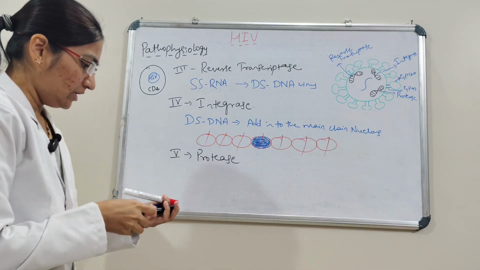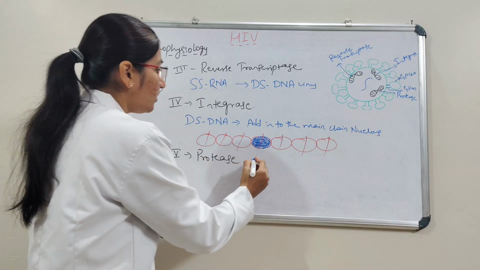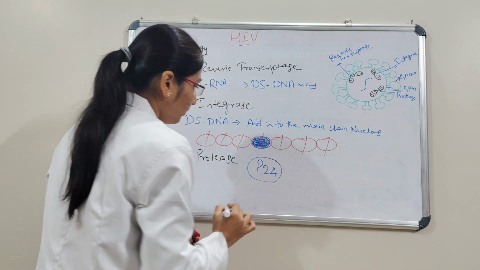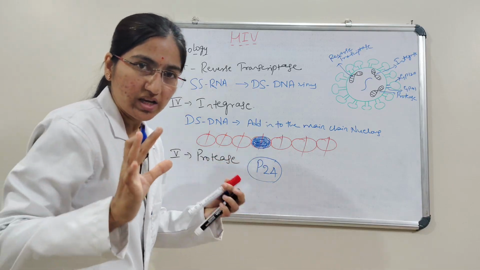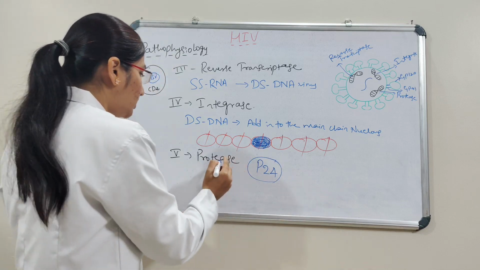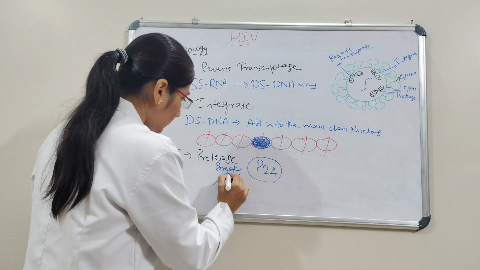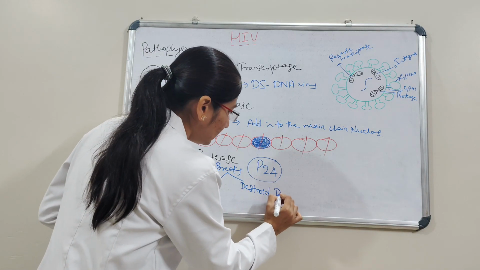That is P24, it's going to break into pieces. It is going to break the main chain nucleus. It breaks, and then the CD4 cell is destroyed.